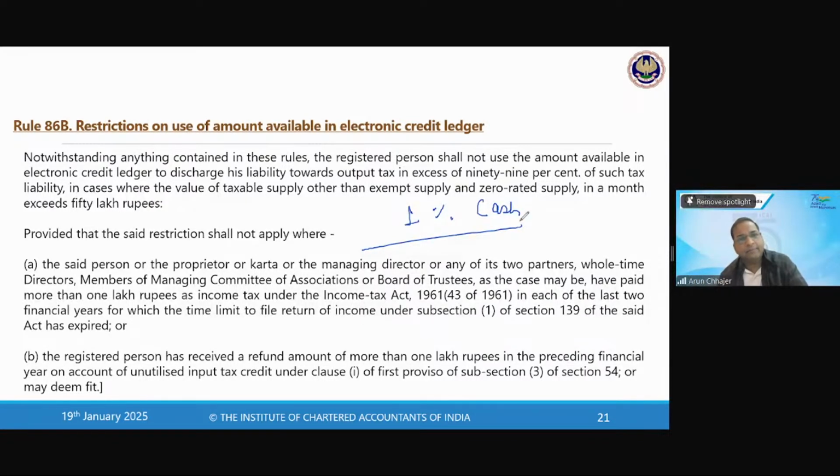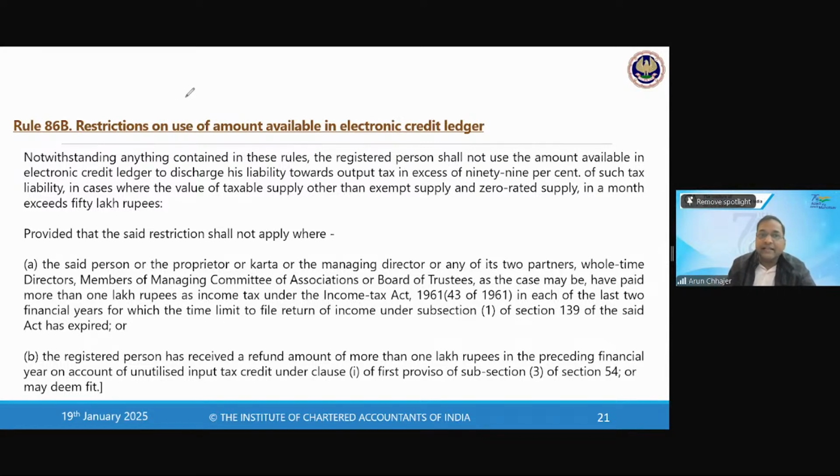GST portal has inbuilt that from the date when they have blocked the credit, after 1 year it will automatically open. But if nothing has happened on the ground, it will automatically happen because it is controlled by the portal. Okay. But let's say nothing happens, then also you can request the officer manually. Okay, sir. Okay.